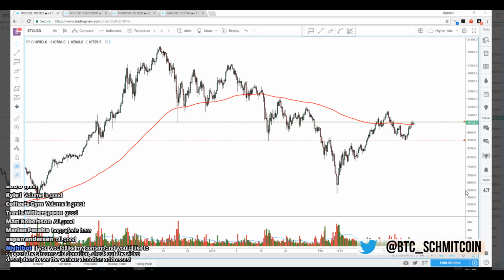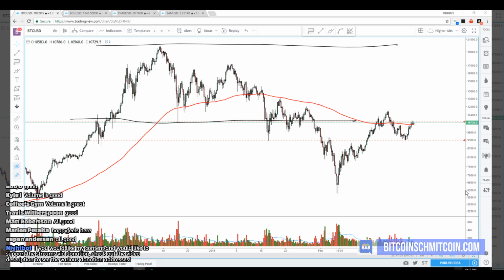So within the context of this distribution, as I said, distribution's at the top of the market cycle, and there's a mark down, which leads to accumulation, and then it swings back up. If you've got a distribution that is this large, I would expect to see an accumulation that is of that magnitude.